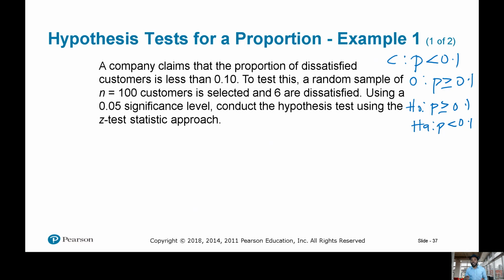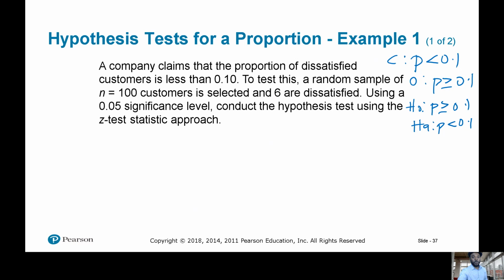Now, what else are we given? To test, a random sample. Remember, one of the requirements we really want to have here is that our sample, our evidence that we're gathering, is random, okay? So a random sample. That way we can minimize bias.